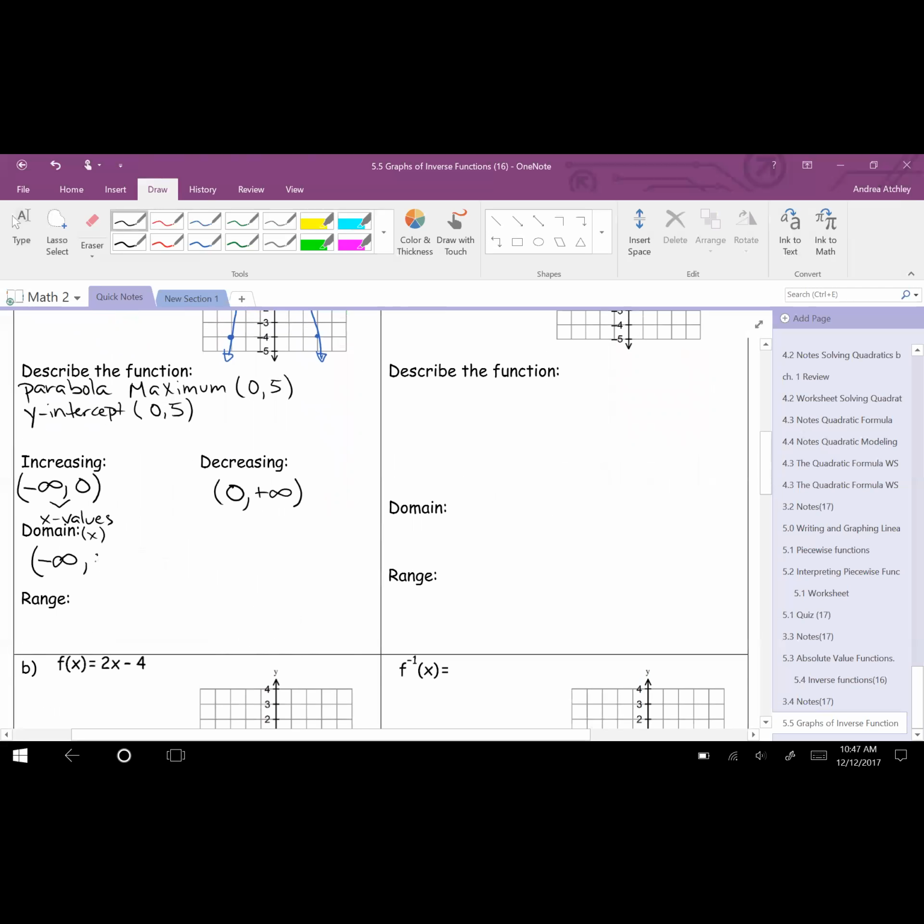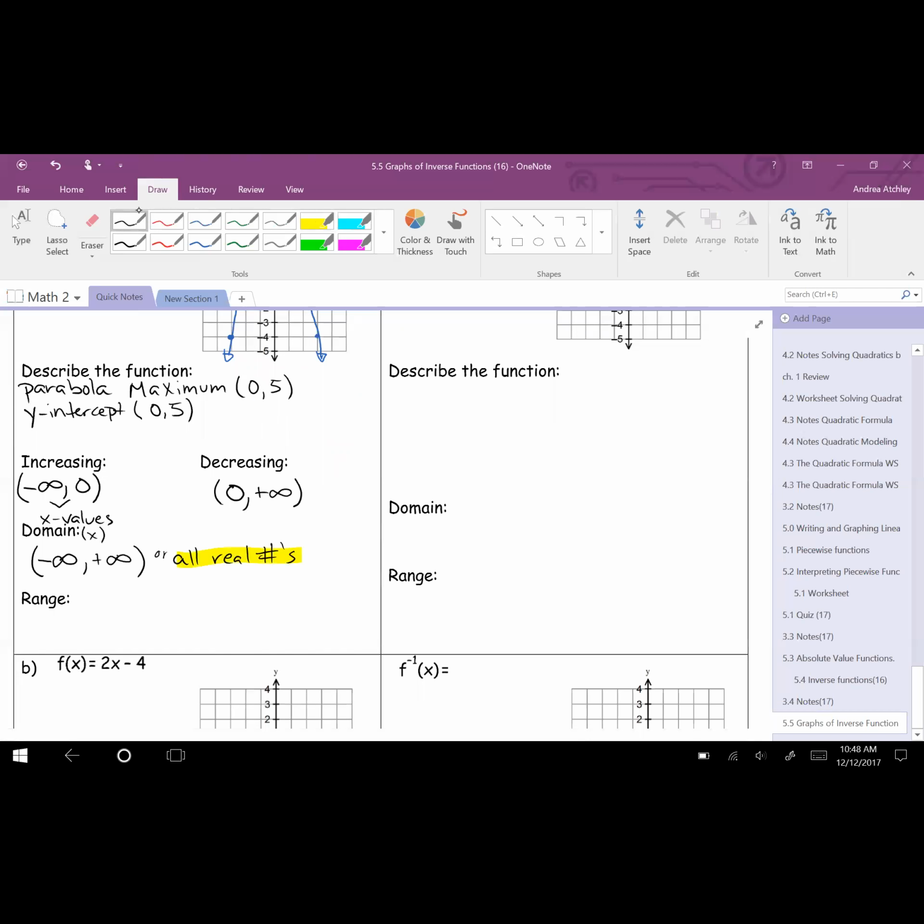It will go to positive infinity. So you can write it like this in interval notation, or you can say all real numbers. Either one. I think on a test, we're going to be more likely to write the all real numbers. But not both.